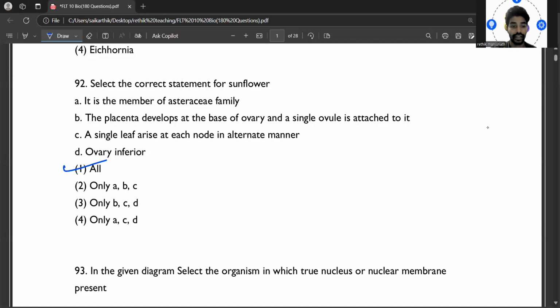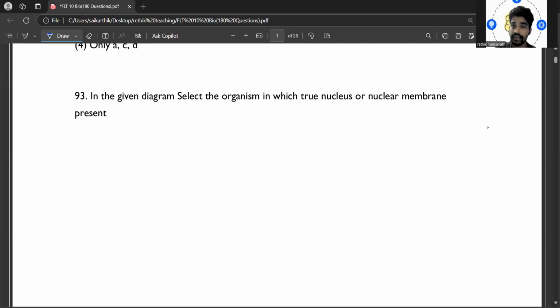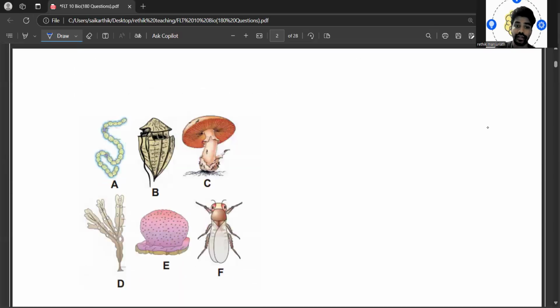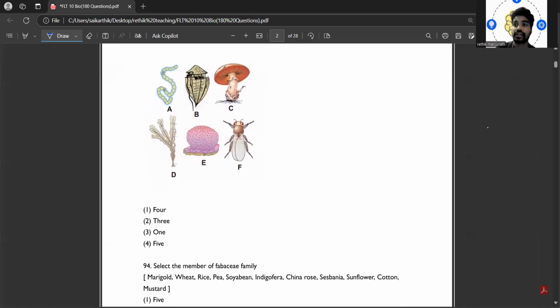So coming to the 93rd question, in the given diagram, select the organism in which a true nucleus or nuclear membrane is present. Yes, this is a diagram. I'll just try to commence it. What do you feel? So A, I'll be writing here generally. It is actually a stack, right?